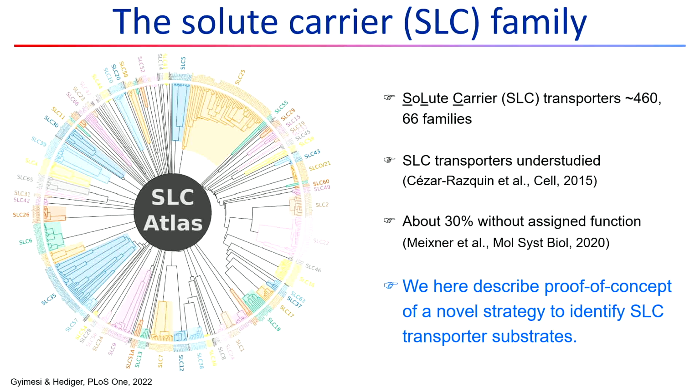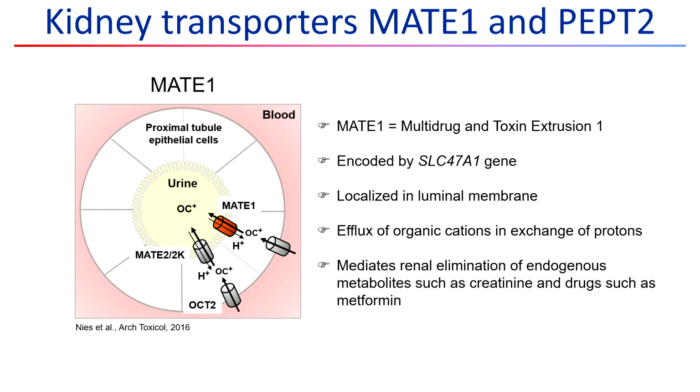And we took 2 examples from the kidney. That is first the MATE1, we already heard about that, and the peptide-2. So what is MATE1? We just heard it. It's a multidrug and toxin extrusion 1 protein, and it's localized in the luminal membrane of proximal tubular epithelial cells, and there it exchanges protons with organic cations.